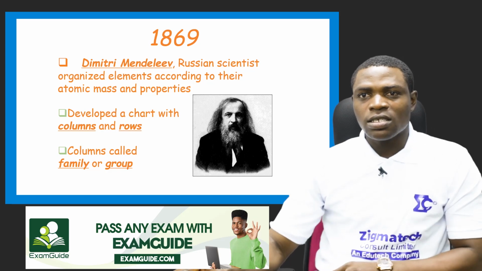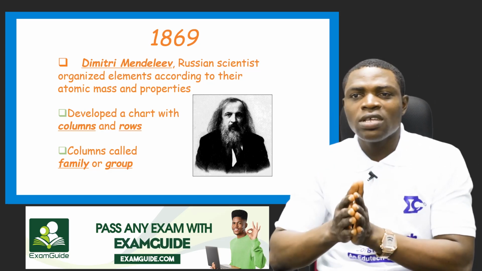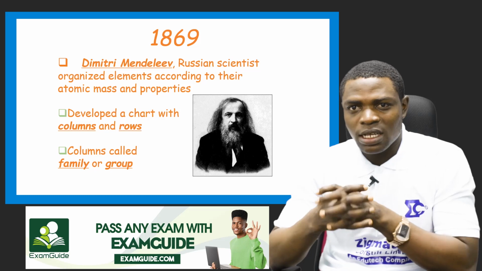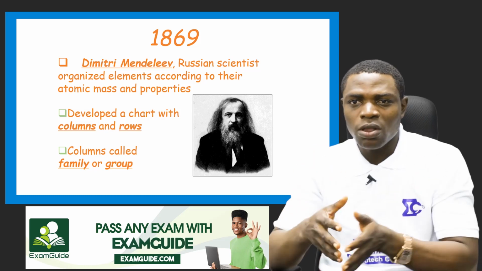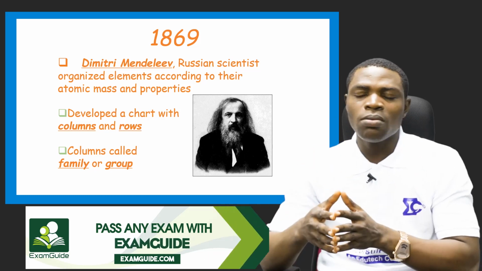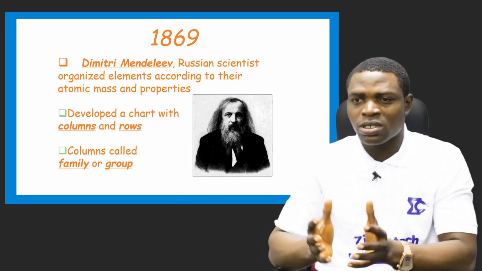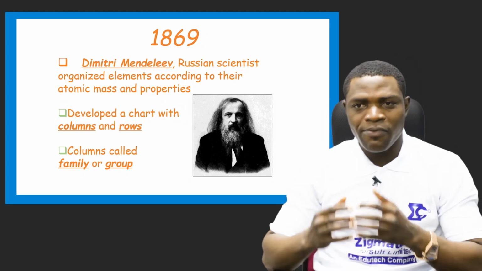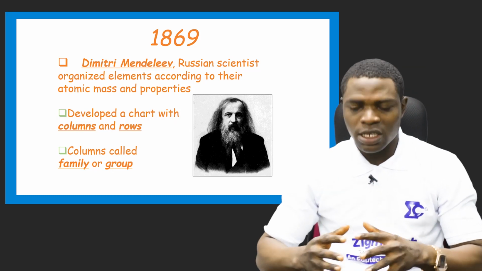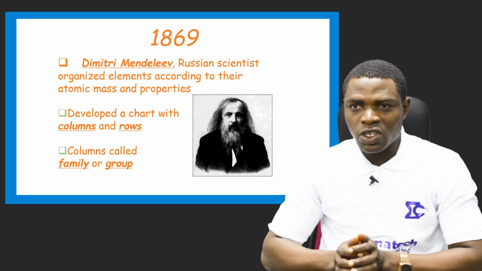In 1869, Mendeleev helped us to develop a chart which comes with columns and rows. The columns are called family or group, family of elements. He looked at their chemical and physical properties, and he grouped them based on these parameters.